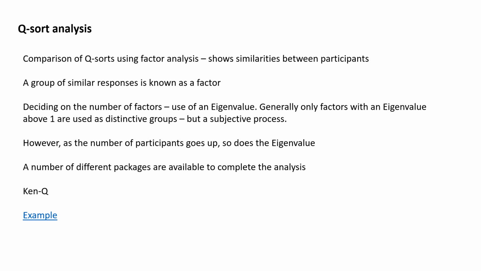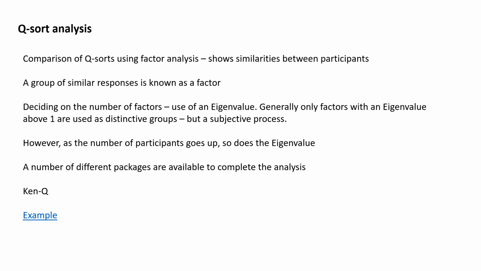So if you had, say, 12 individuals, as we had in this particular instance, complete the Q sort, and you had eigenvalues above 1, that's fine. But actually, if you had, say, 150 people do this, then something that wouldn't reach 1 with 12 people might have an eigenvalue of 12 with 150 people.